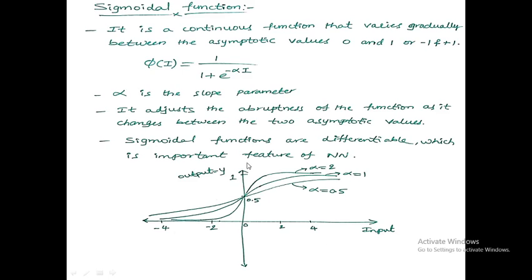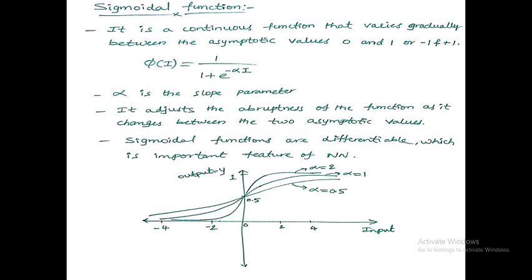So your phi of I is equal to 1 with infinity slope. It will come like this on the y-axis with phi of I equal to 1. So this is the sigmoidal function.